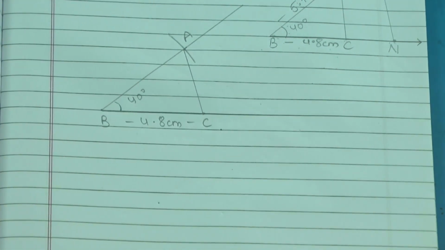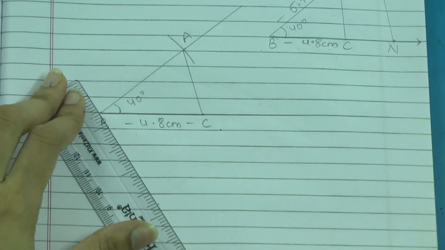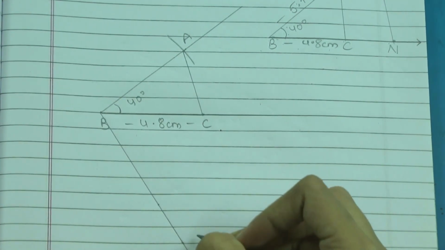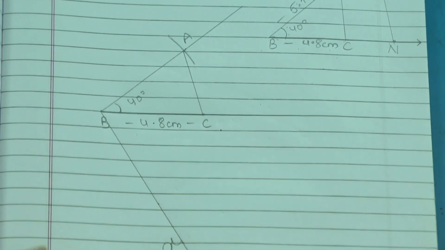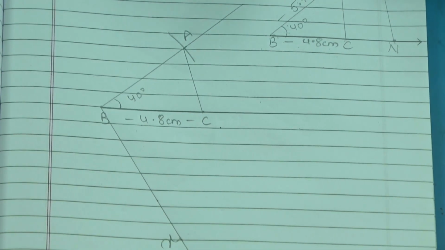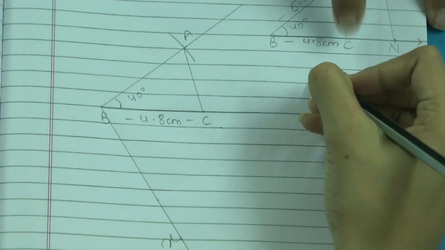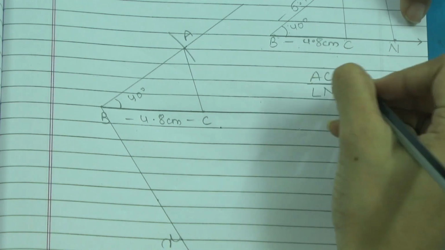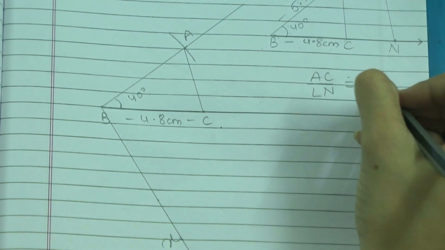Draw the line X. Now we have got the ratio. This is our line X. AC upon LN is 4 upon 7.